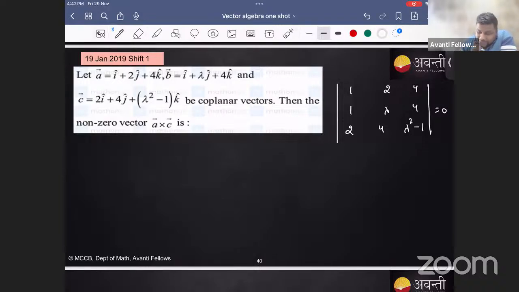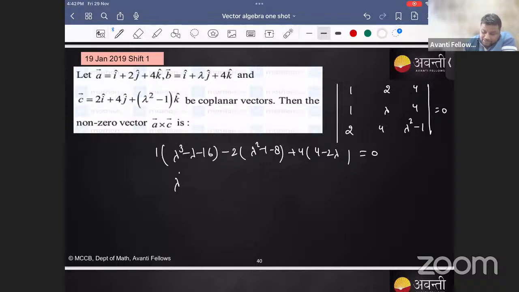So if I expand it, I get 1 times lambda cube minus lambda minus 16, minus 2 times lambda square minus 1 minus 8, plus 4 times 4 minus 2 lambda. This is going to be 0. Got it?